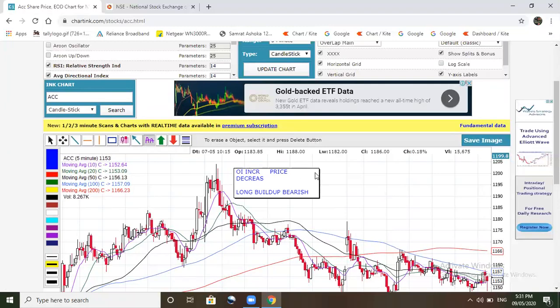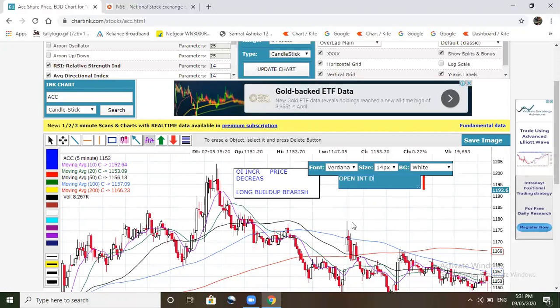Now, the third condition for put side is open interest decreasing and price is also decreasing.